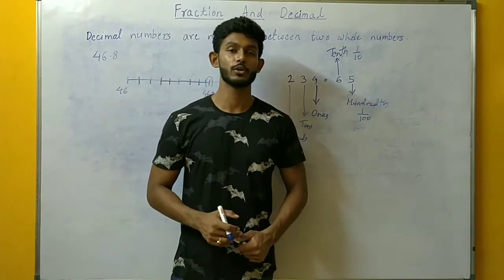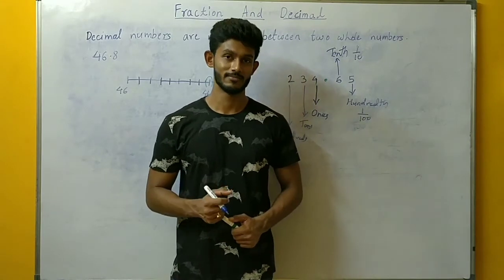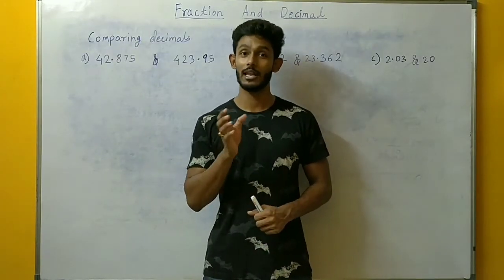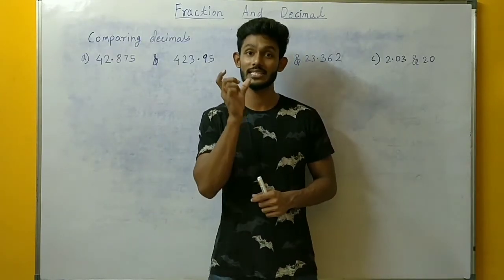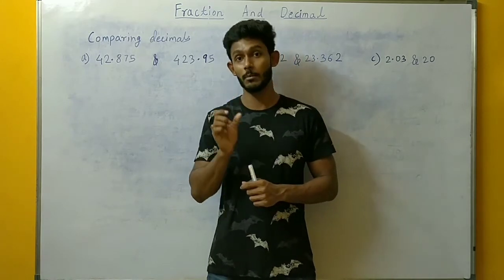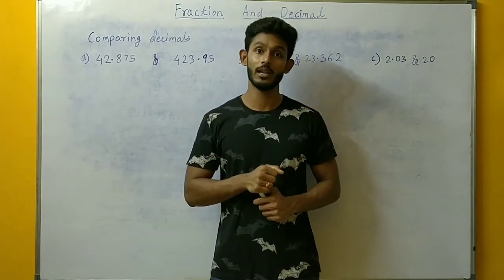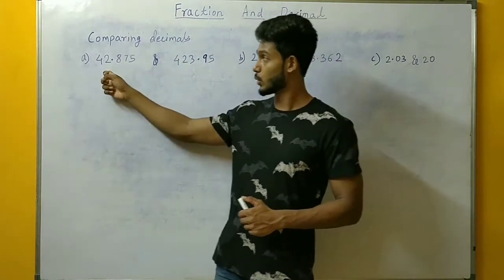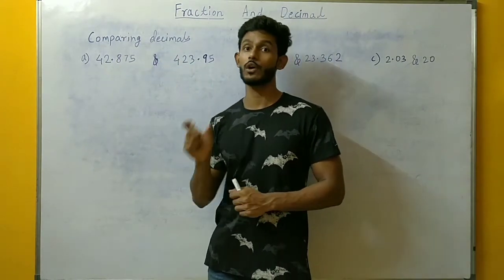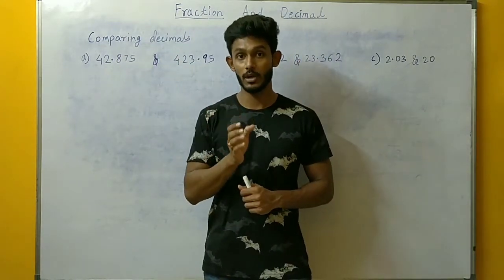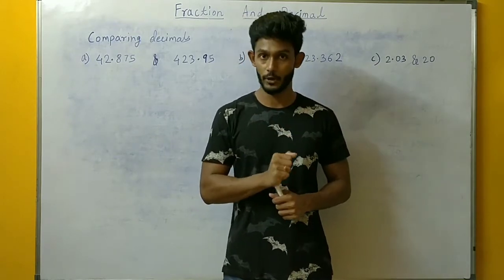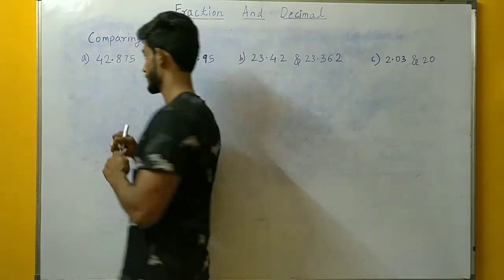So now let's try to compare the decimal numbers. As I said earlier, the number after the decimal point is the part of the number before the decimal point. So in order to compare these numbers, first we are going to compare the number before the decimal point. Let's try to understand this.